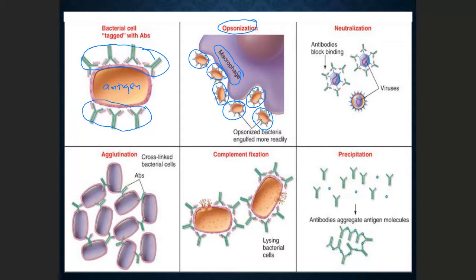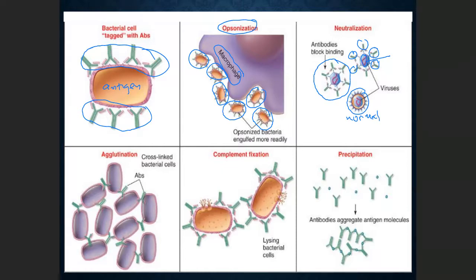Neutralization, for example, this antibody binds to the antigens like the virus over here, and then causes the virus to become neutral. You see the spike and everything will be covered by the antibody. Therefore, it will not be able to cause infection. This is the normal virus over here, which will be able to cause infection.